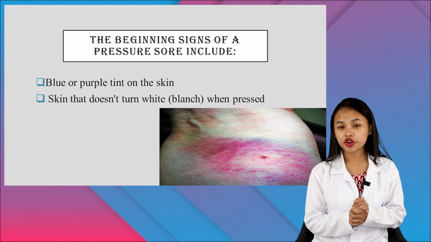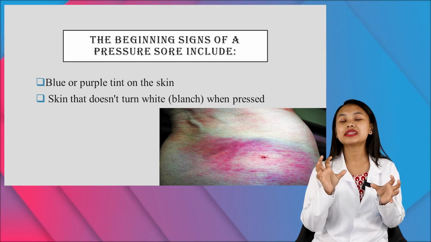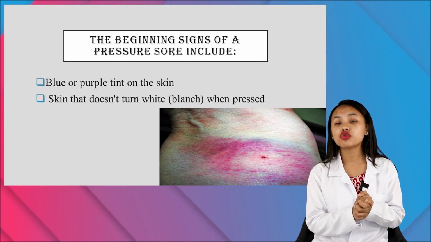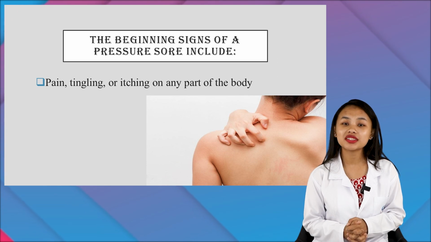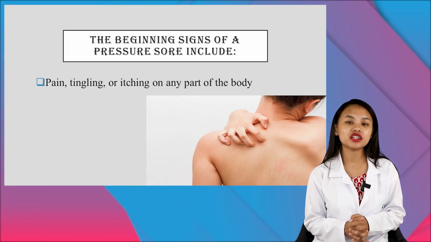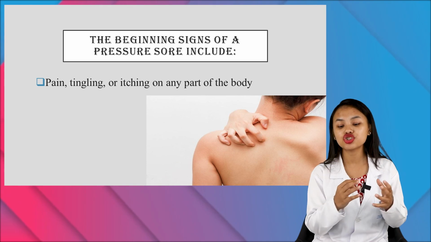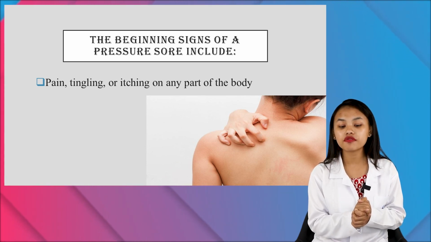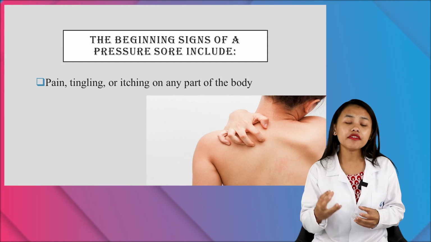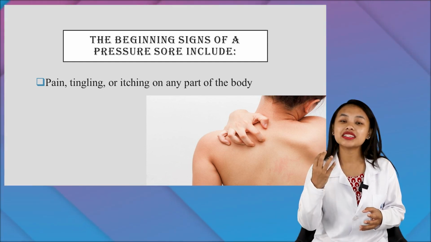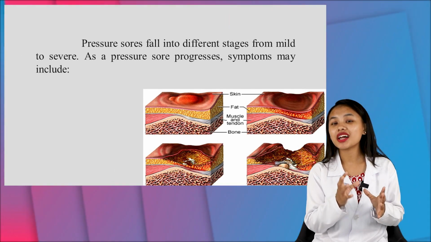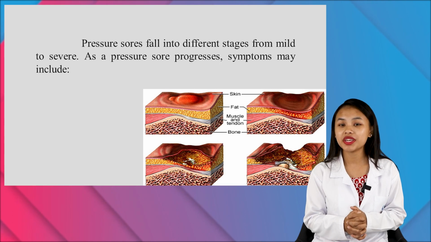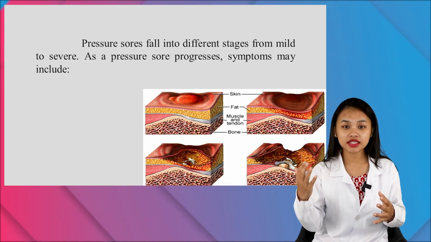There can also be presence of blue or purple tint on the skin, and while pressing, the skin will not turn white, and there will also be presence of pain, itching, as well as a tingling sensation on any part of the body, even if this ulcer is just a minor one. So these are a few of the symptoms that a person will have in the beginning stage.